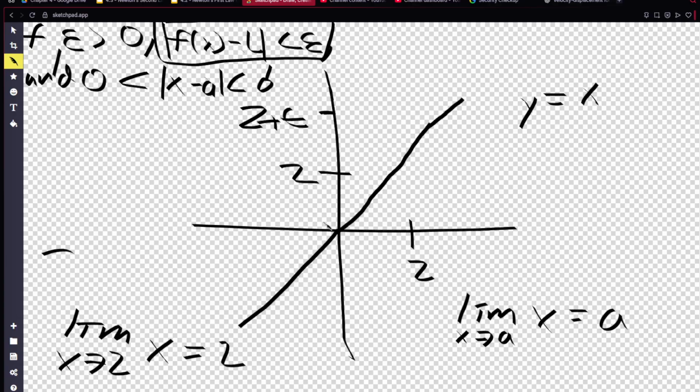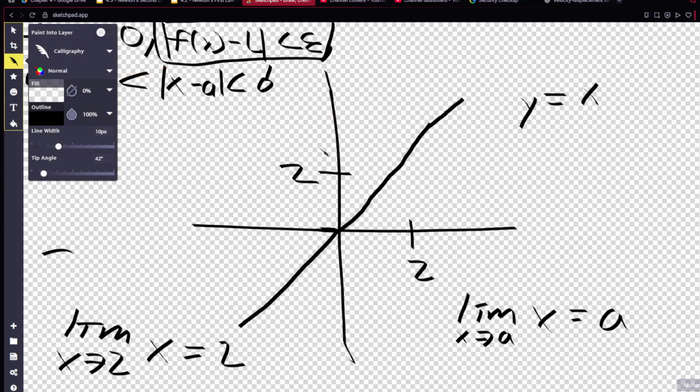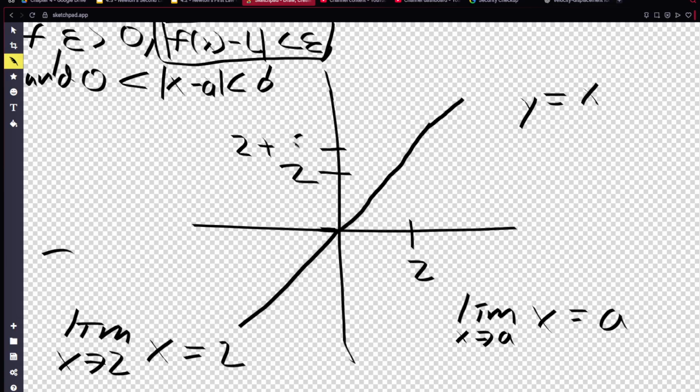But for simplicity, I'll just denote it as pretty small. So actually, let me erase this because I want symmetry, and I don't want the other one to be at the x-axis or the y-axis. So do 2 plus epsilon and 2 minus epsilon.